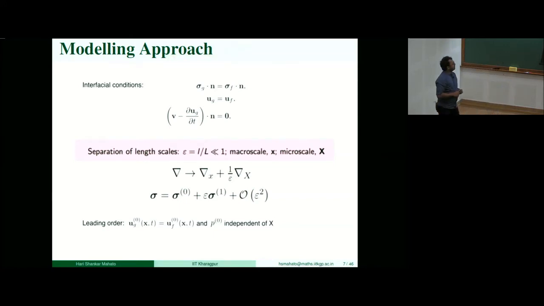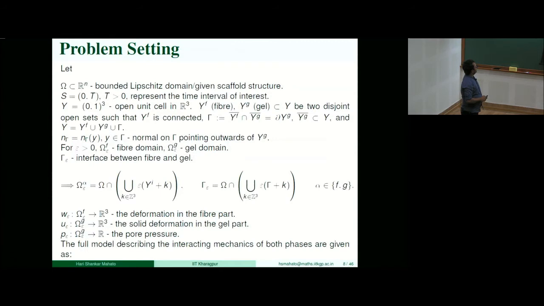And then we did some non-dimensionalization and introduced the scaling parameter. Ultimately, we made these assumptions: omega is the given scaffold structure, and we consider a unit cell Y, where we denote YF as the microfiber and YG as the gel.